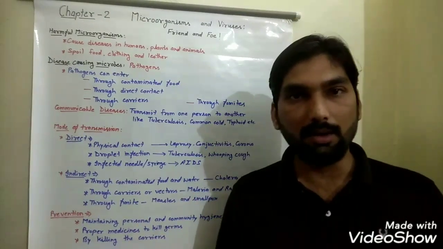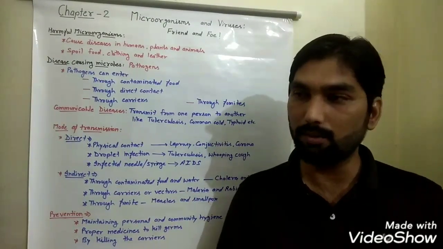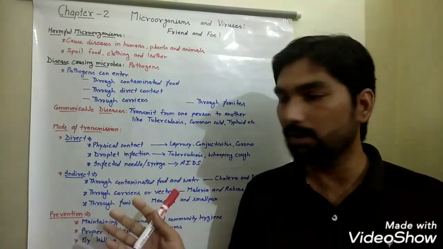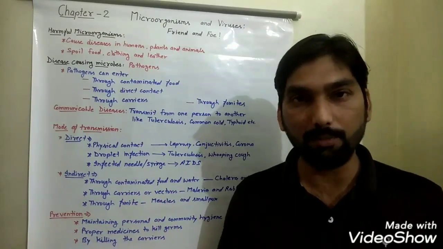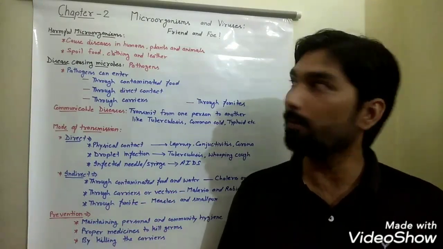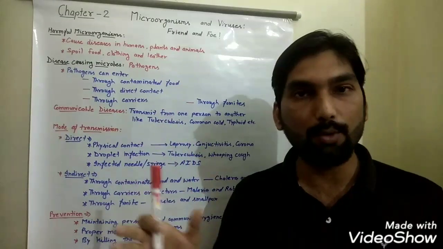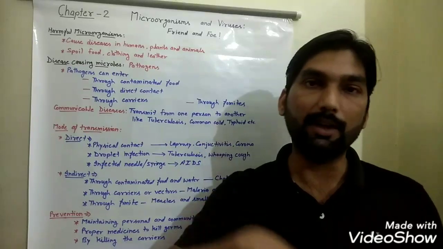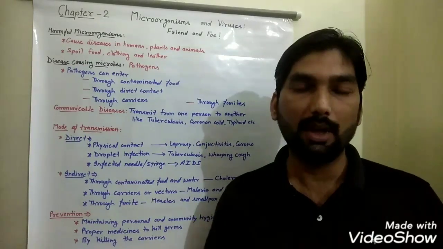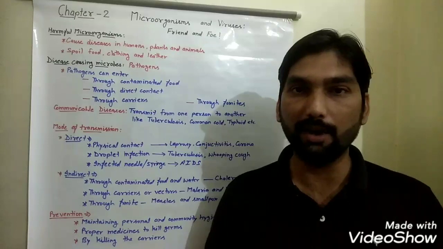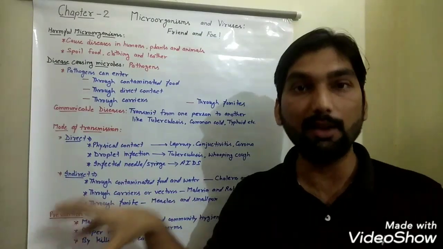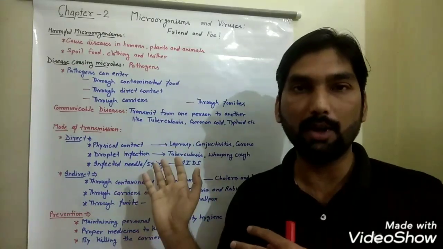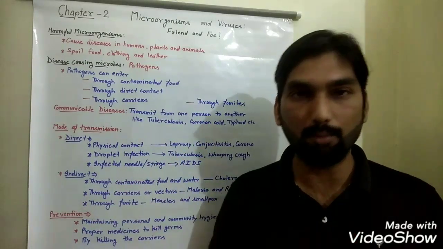Actually, when this female mosquito sucks the blood of an infected person, a specific microbe known as Plasmodium, related to a group of microorganisms known as protozoans, is transferred into the mosquito, and when the same mosquito sucks the blood of a healthy person, it injects the Plasmodium parasite into the healthy person's body.